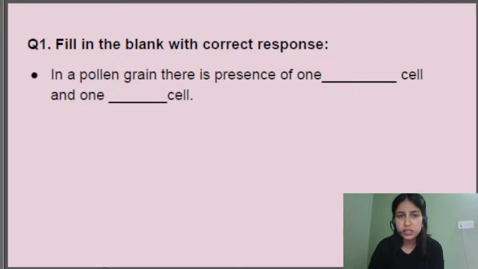So in a pollen grain, there is presence of one generative cell and one vegetative cell, where the generative cell is responsible for fusing with the female nuclei after the pollen reaches towards the ovule, while the vegetative cell having the vegetative nucleus will be responsible for the germination of the pollen tube, or we can say extension of the pollen tube from the pollen.